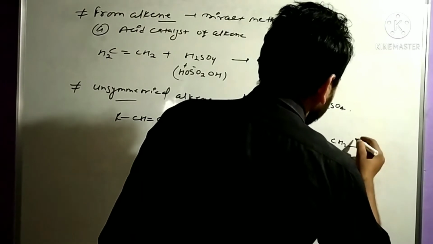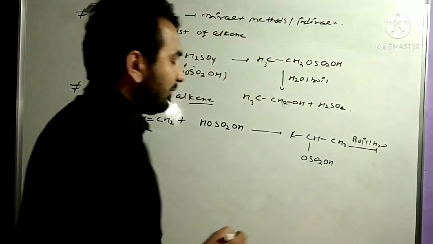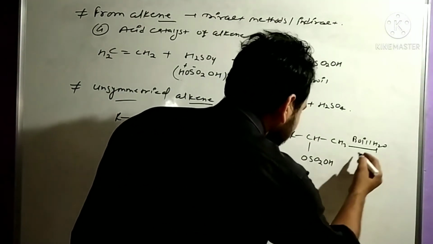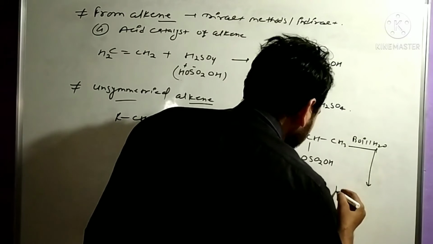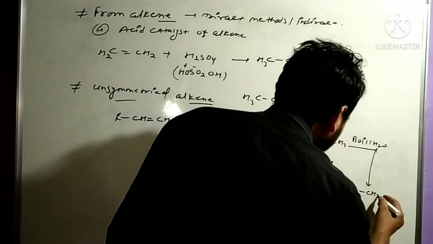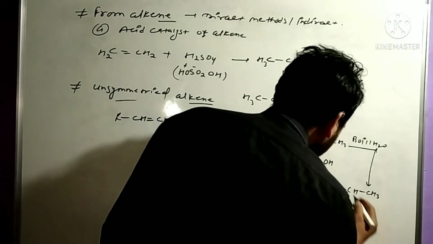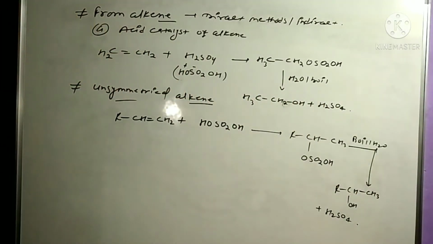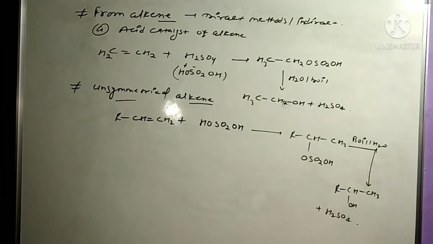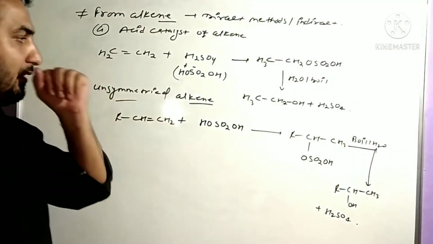Again you are boiling this and you are getting this kind of alcohol. This one is your result, RCHOHCH3 plus H2SO4. Clear? So this is your method of preparation of alcohol from alkene by a direct method.